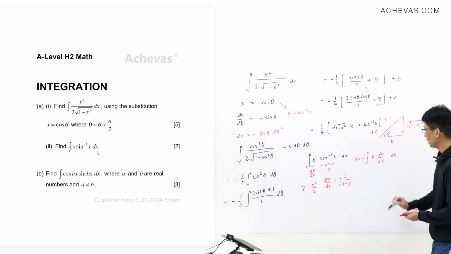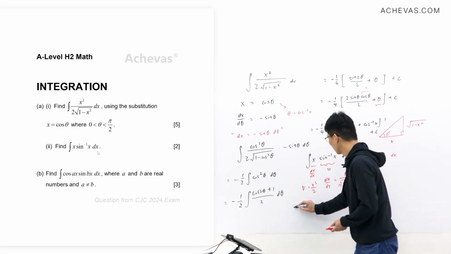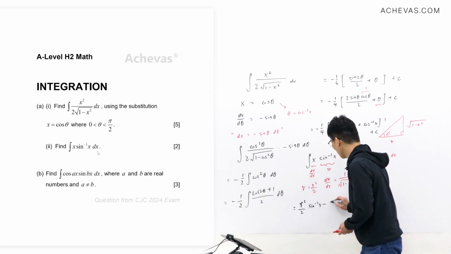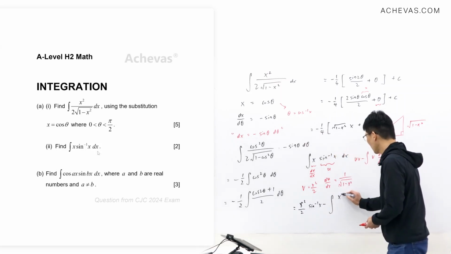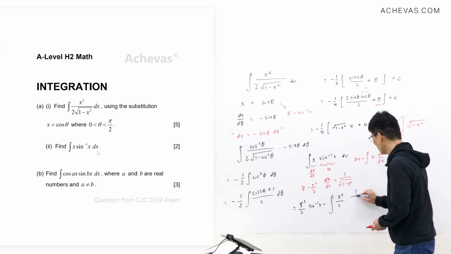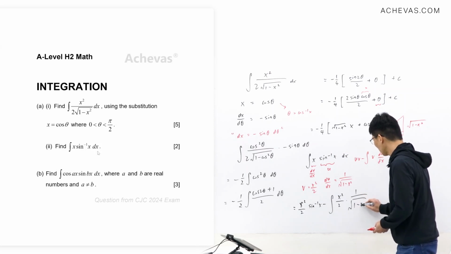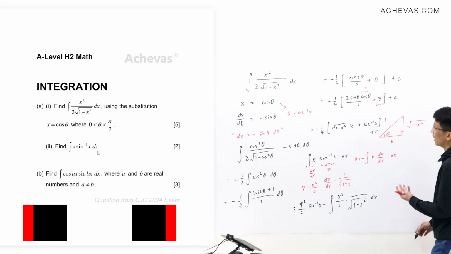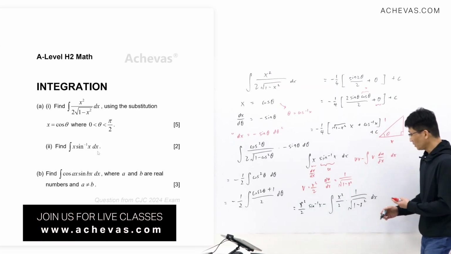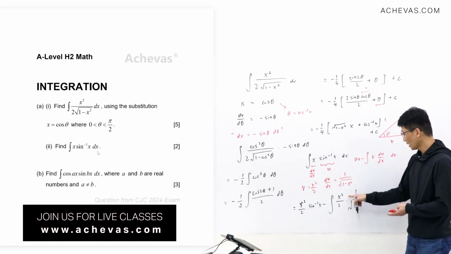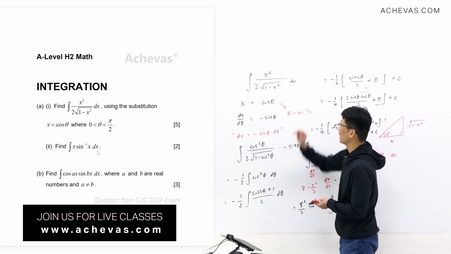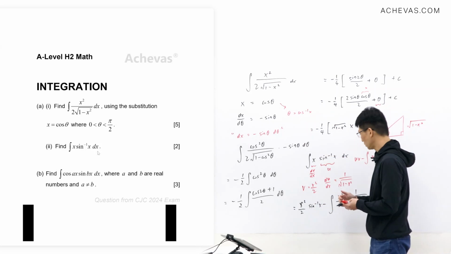So applying the integration by parts formula, I will have x squared over 2 sine inverse x minus integration of x squared over 2 times 1 over square root 1 minus x squared dx. If you can recognize, this particular term, x squared over 2 square root 1 minus x squared, is the same as the first part that we have done, which we solved using the substitution.